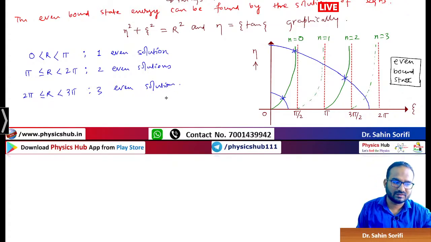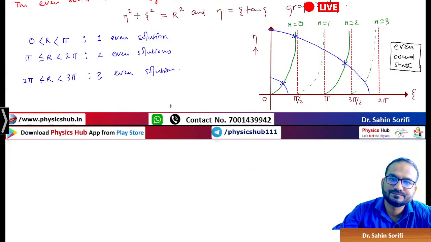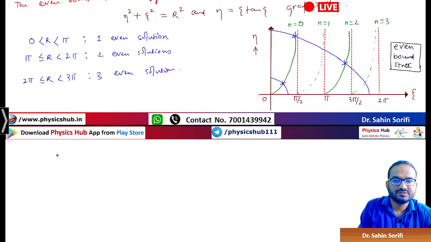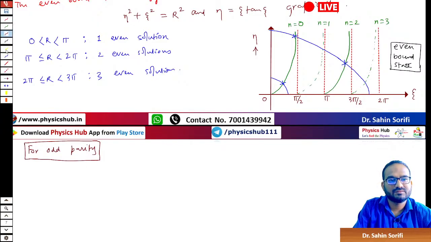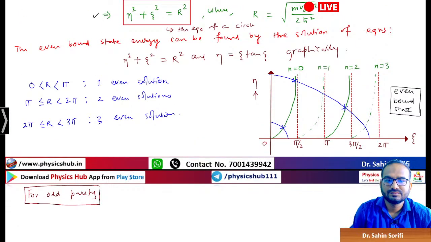Is it getting clear or not? So this is for the even bound state. In a similar manner, you can proceed with the calculation for odd parity, right? Look here, I would like to mention one thing. R is equal to the square root of m v naught a square by 2 h square.